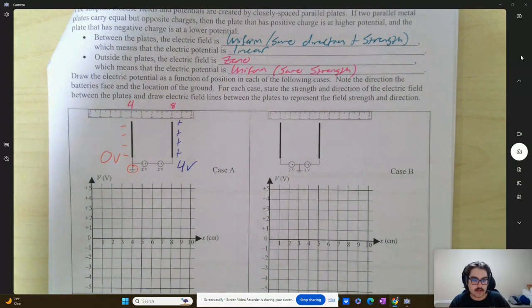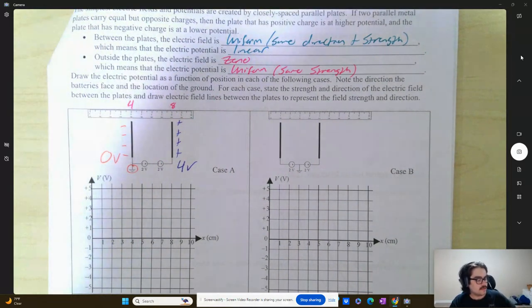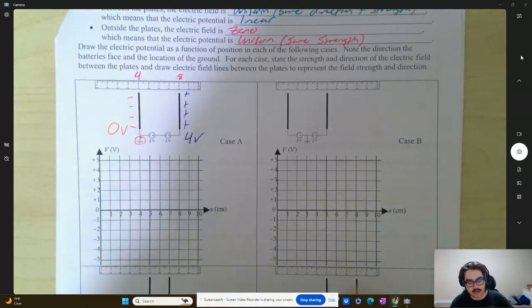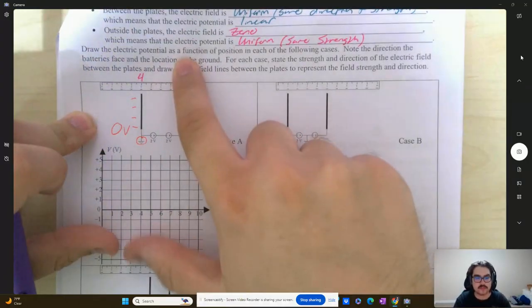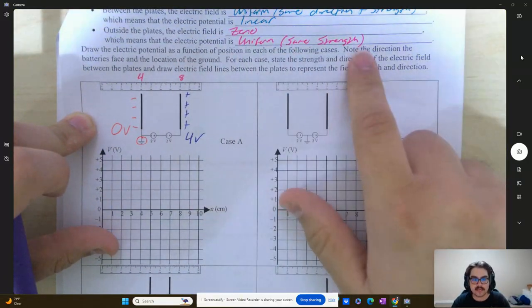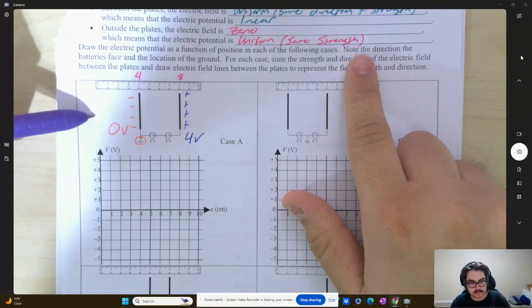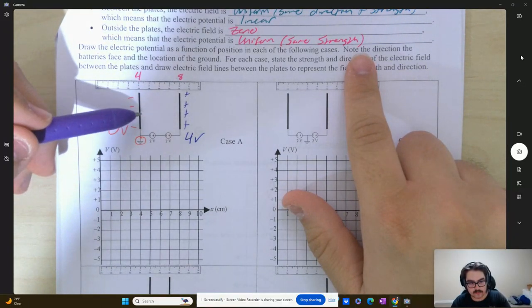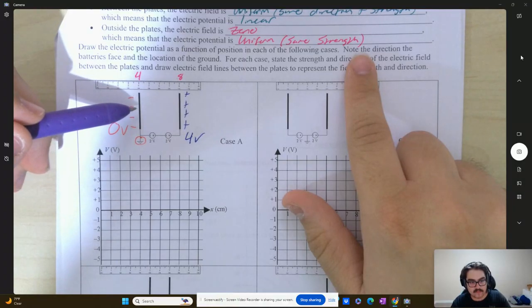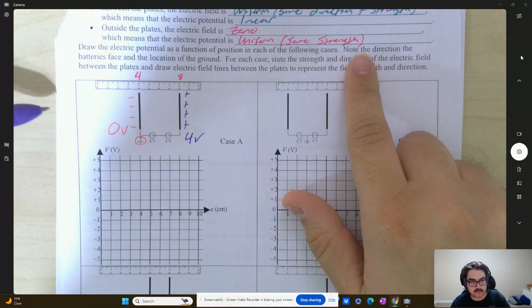So when you start graphing this, it's going to look kind of weird. Outside of the plates, the potential is uniform, meaning it stays the same. We know this plate is 0 volts, so everything to the left of it is also going to be 0.